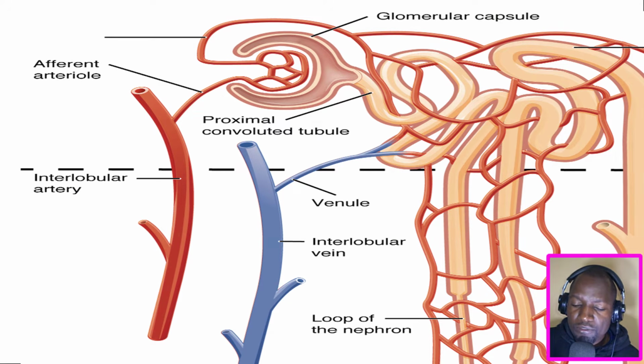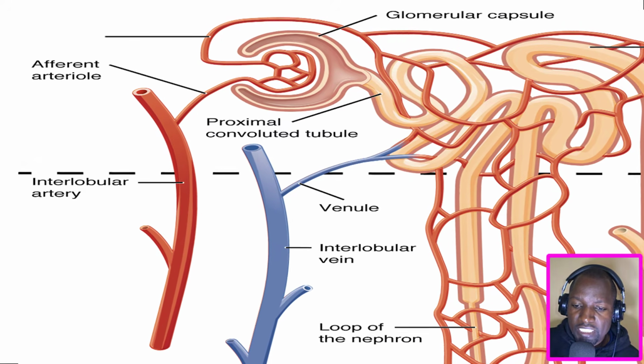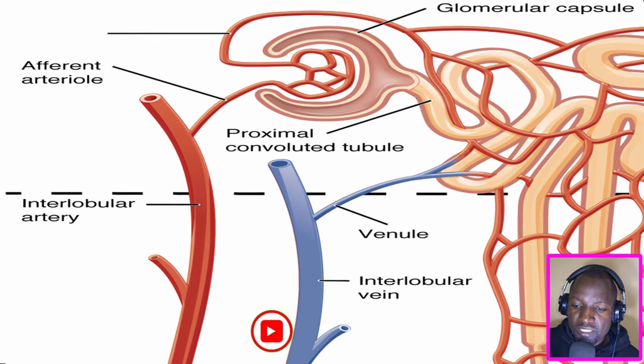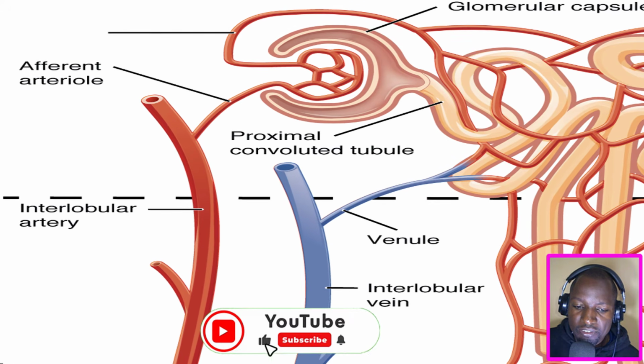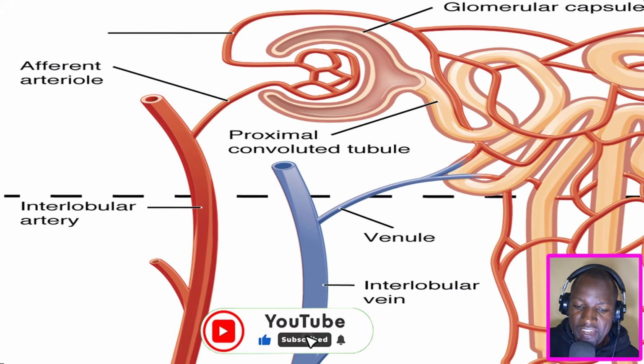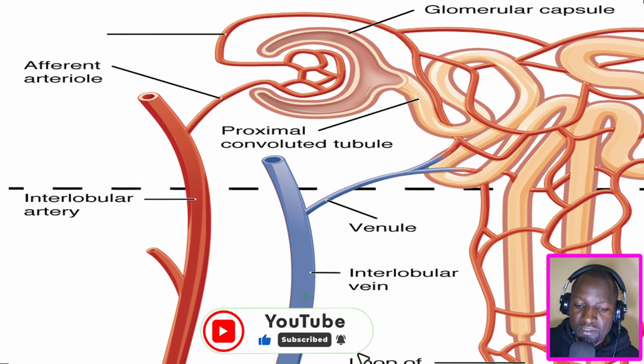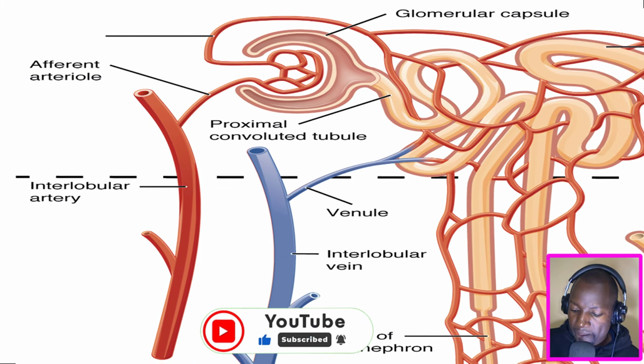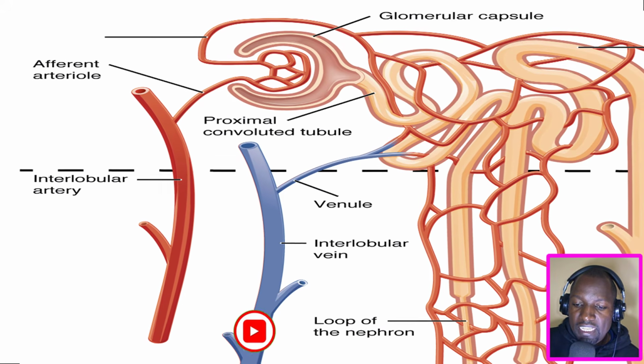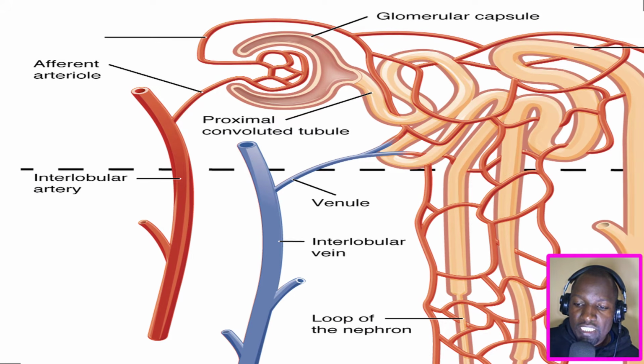If you check, you see it has afferent blood vessels, the arteriole, and also efferent blood vessels, the arteriole. It also has the proximal convoluted tubule, which extends from the Bowman's capsule.